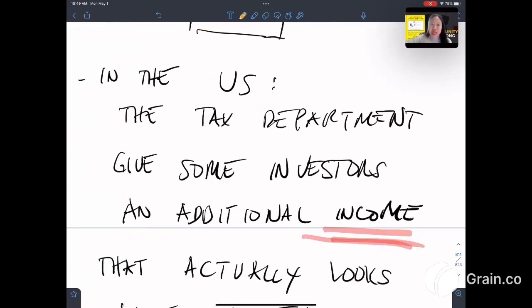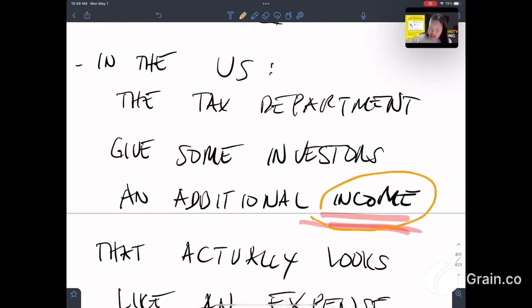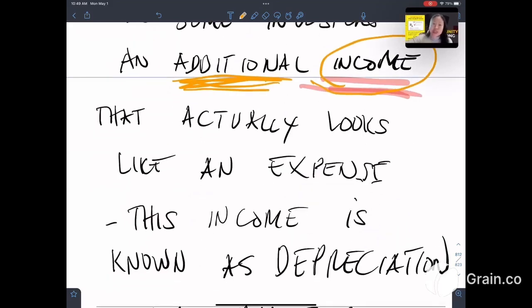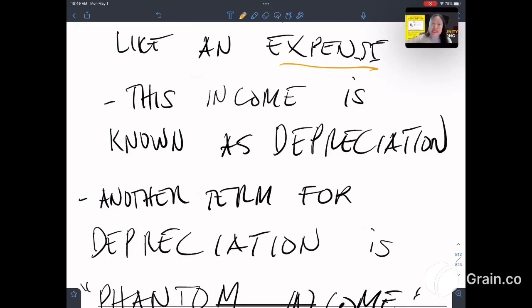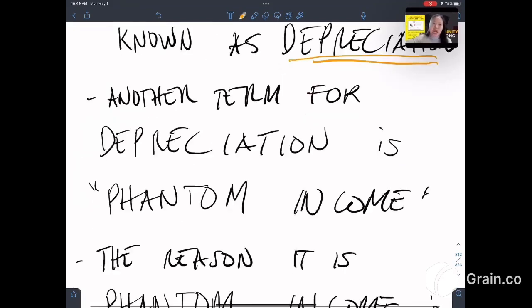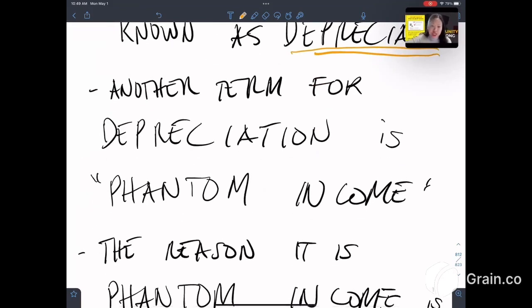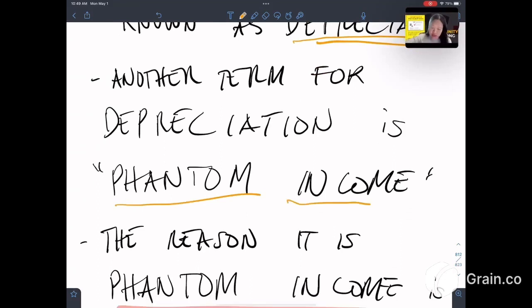So in the USA, the tax department gives some investors an additional income that actually looks like an expense. It looks like an expense, but it is an additional income to the investors. Now, this income is known as depreciation. Another term for depreciation is phantom income.